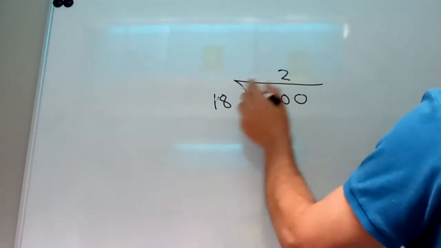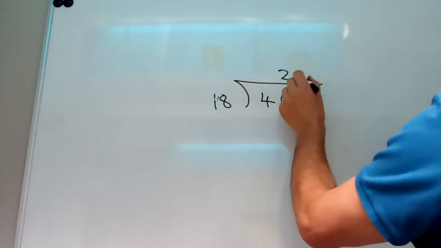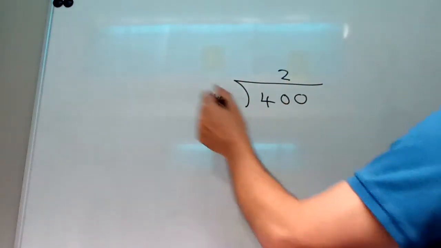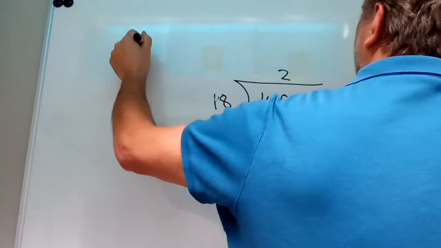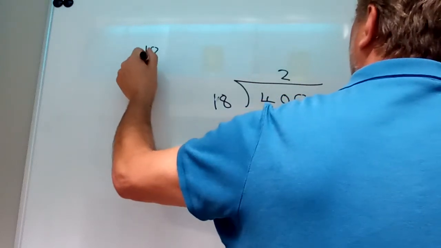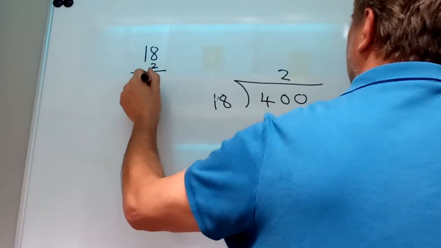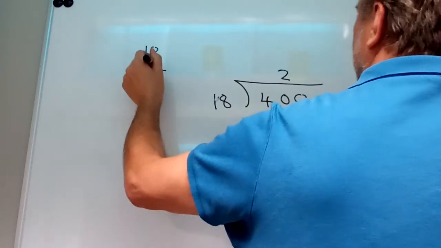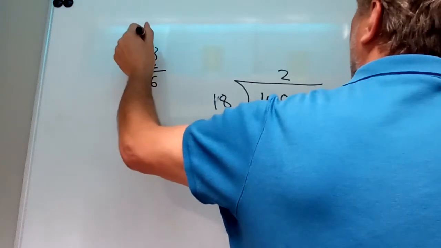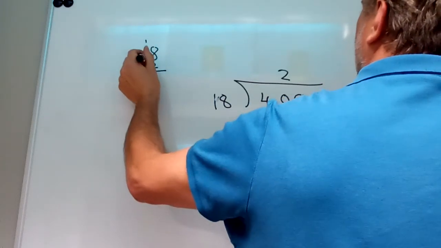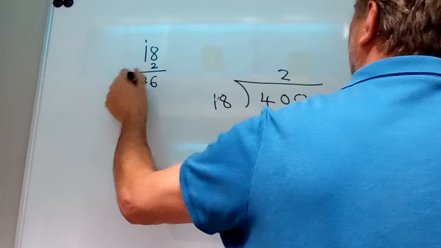So let's multiply. So we've got 18 times 2, or 2 times 18. To do that, you can think 18 times 2. Remember, we take our 2 times 8 is 16, so you put your 6 and carry your 1, and 2 times 1 is 2, plus the 1 is 3, 36.